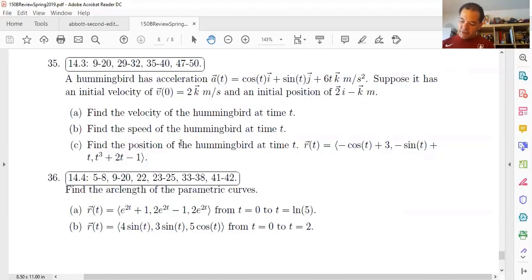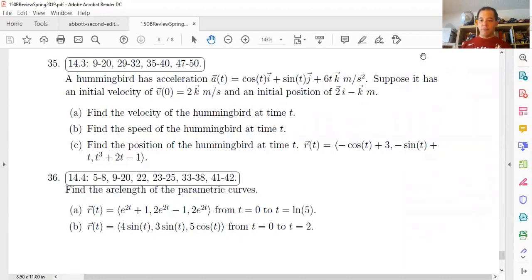The acceleration will be cosine t times i plus sine of t times j plus 6t times k, and this is in meters per second squared.